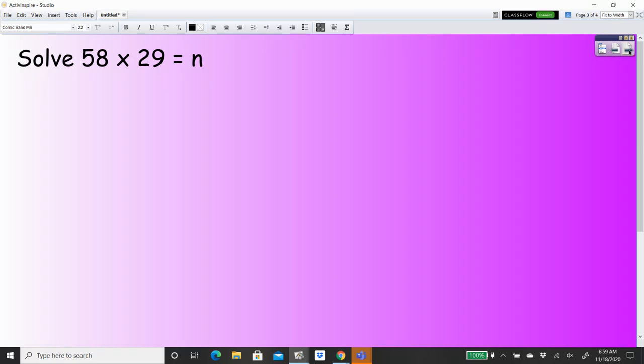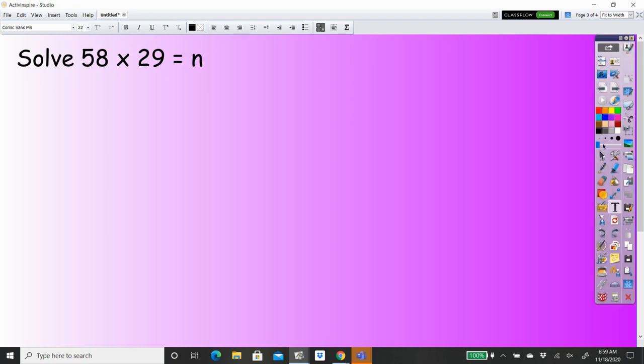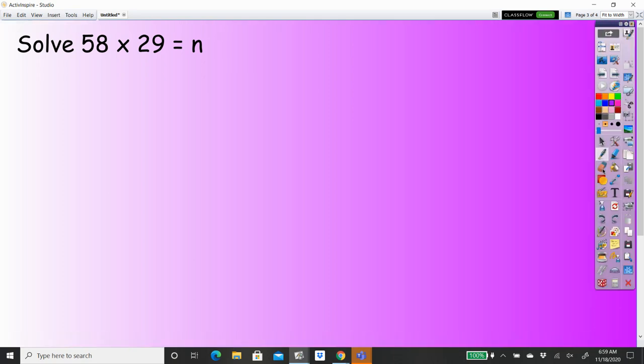Step 1 says to place both factors in expanded form. So 58 in expanded form is 50 plus 8. And I'm going to put that in parentheses to show that I'm done with that expanded form. And I am still multiplying this expanded form by the expanded form of 29.